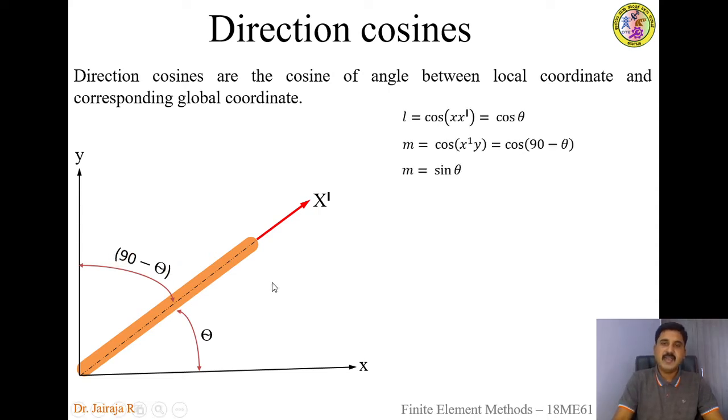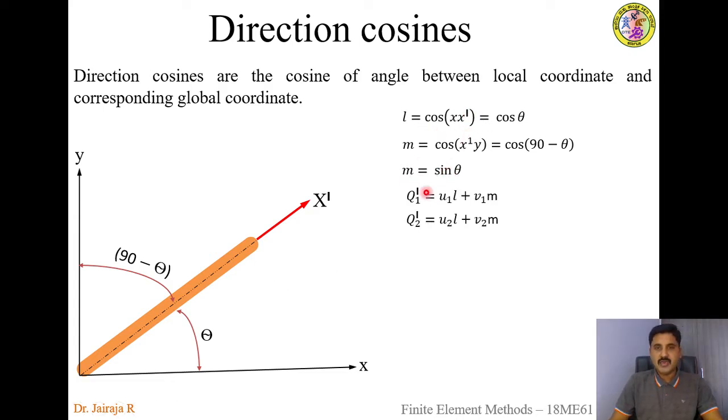Say capital L and M, small l and small m, are the direction cosines. L is cos of x dash x, it is cos theta. Similarly, M is cos of x dash y, and x dash y is 90 minus theta. So M is equal to cos of 90 minus theta, which is sin theta. That is, l is equal to cos theta and m is equal to sin theta. These are the direction cosines.